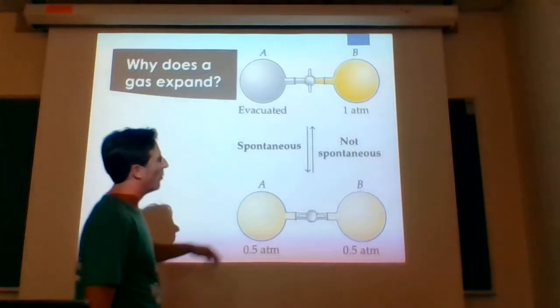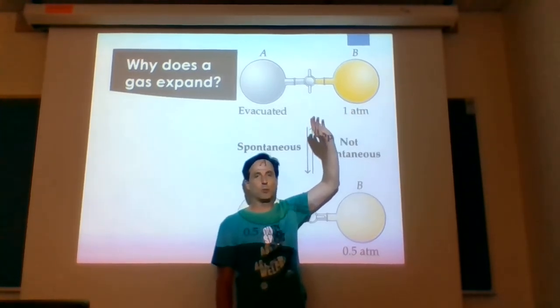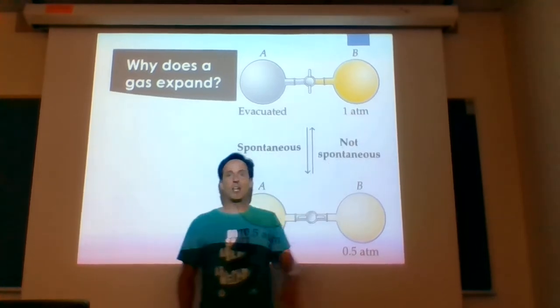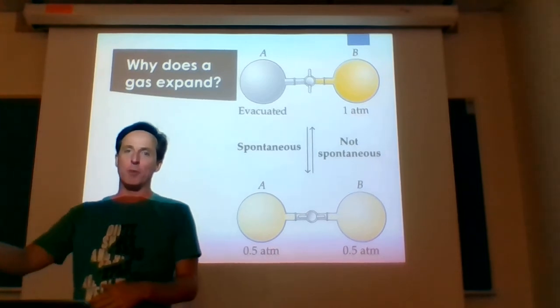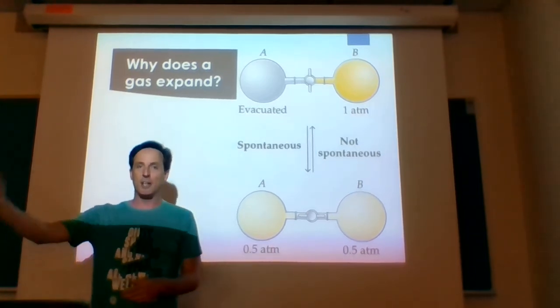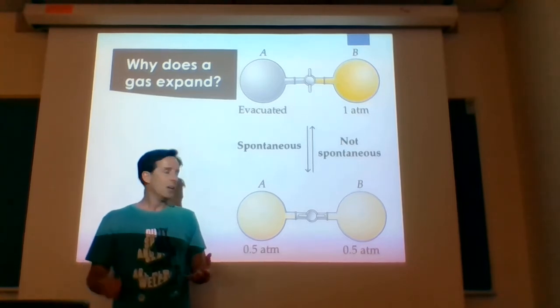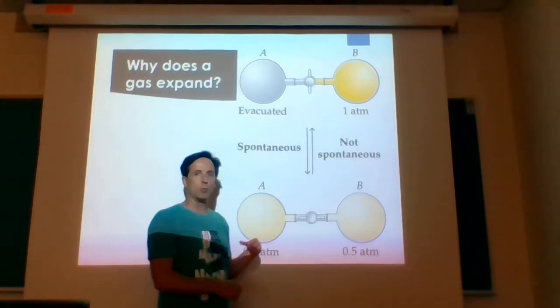If I have one atmosphere of gases, there are millions and millions or even trillions or quadrillions of molecules in this container. If I let them go wherever they want, I'm going to get not an infinite number of arrangements, but approaching an infinite number of arrangements that I could have. And most of those arrangements are going to have the molecules spread out across the whole system as well as possible.